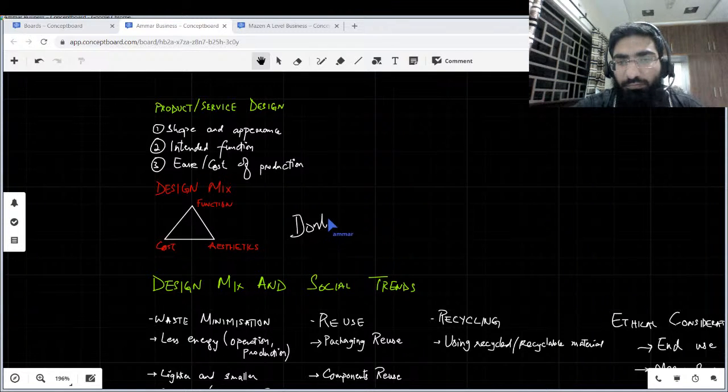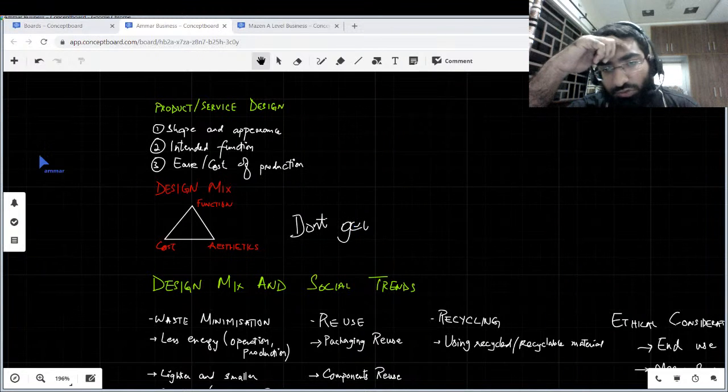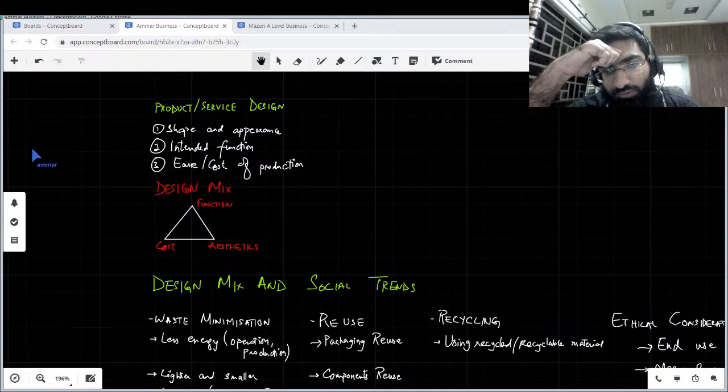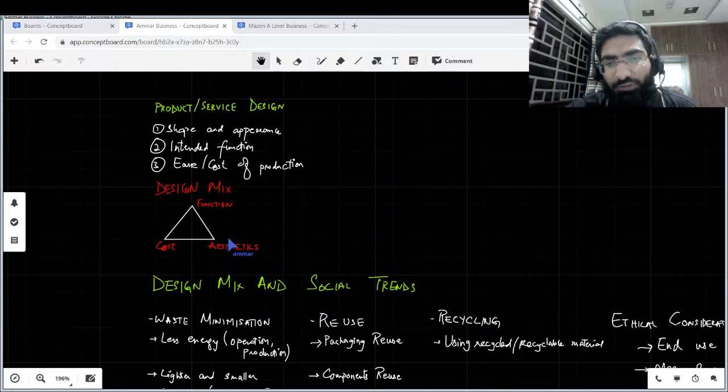The products should somehow project people's preferences in addition to performing the function that they do.